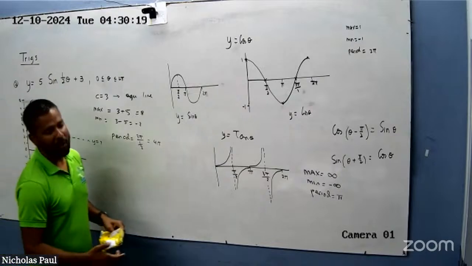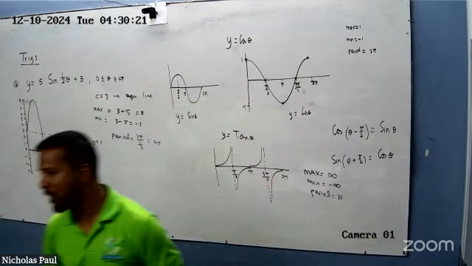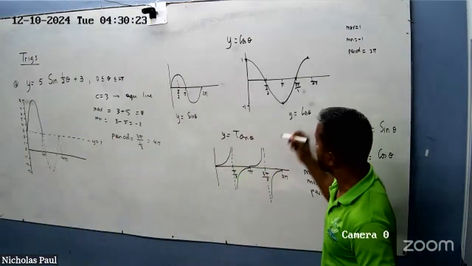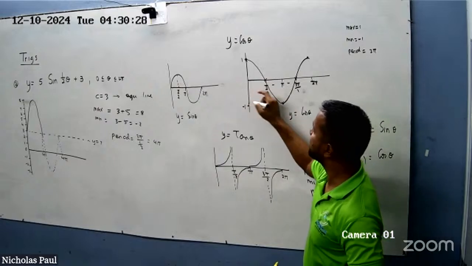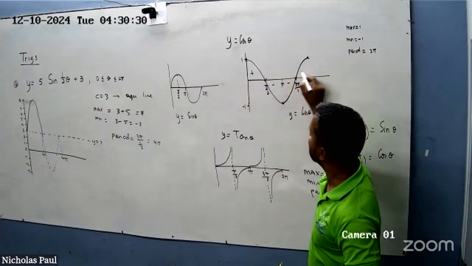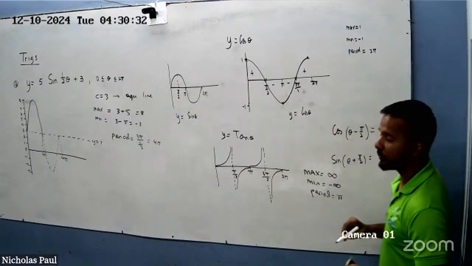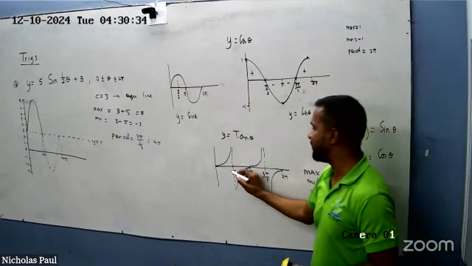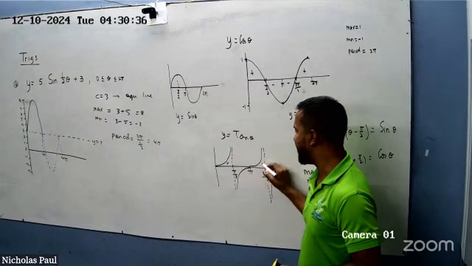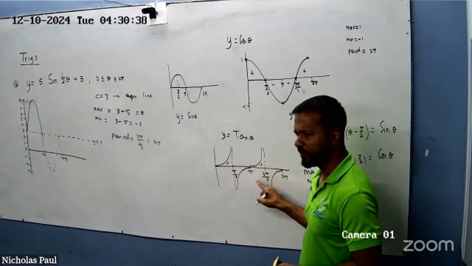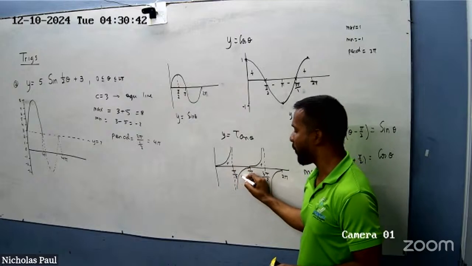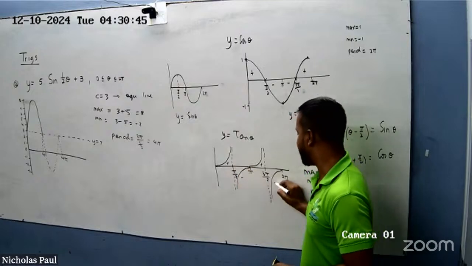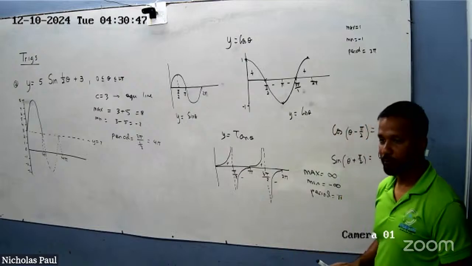Where is cos negative? Cos is negative in the second and the third. Where is cos positive? First and the fourth. Where is tan positive? First and the third. And tan is negative in the second and the fourth. Right?